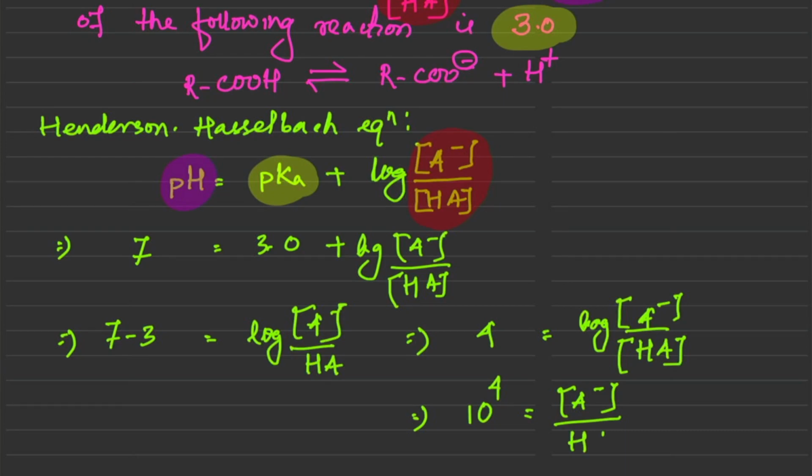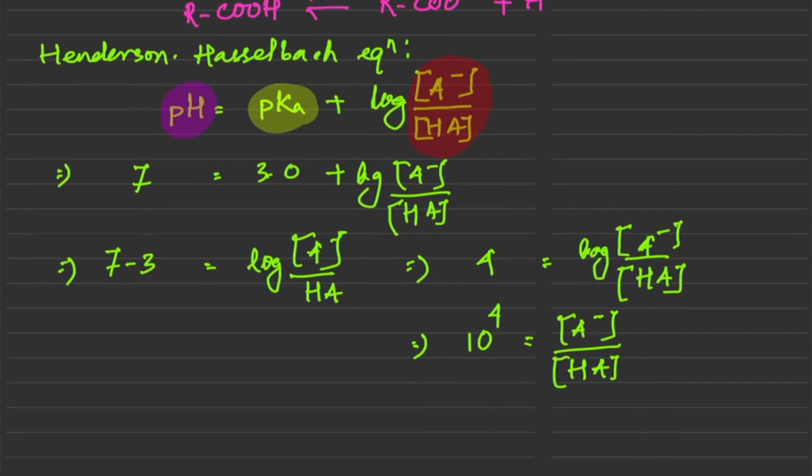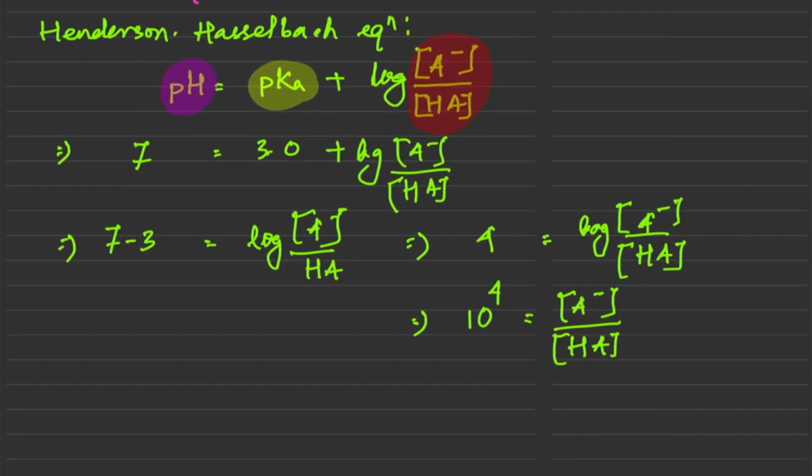The reason I gave you this problem is to find out which one is more. If the number is greater than 1, that means our numerator is more than the denominator. Obviously 10 to the power 4 is greater than 1.